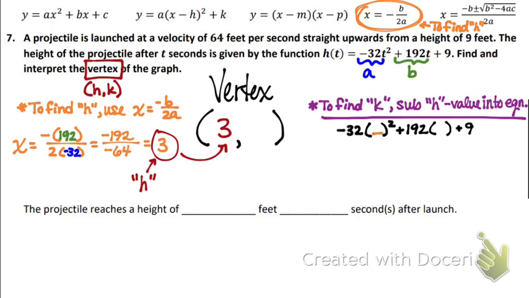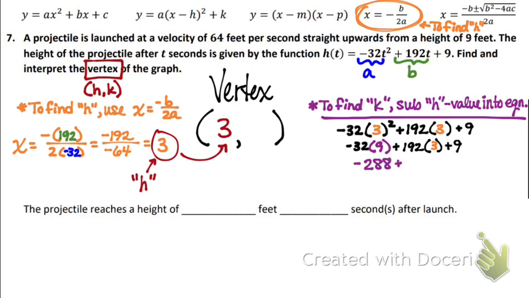What am I going to put in these two open spots where I said we're going to substitute? 3. We put our h value in there. What is 3 squared? 9. So I have negative 32 times 9 plus 192 times 3 plus 9. What is negative 32 times 9? Negative 288.